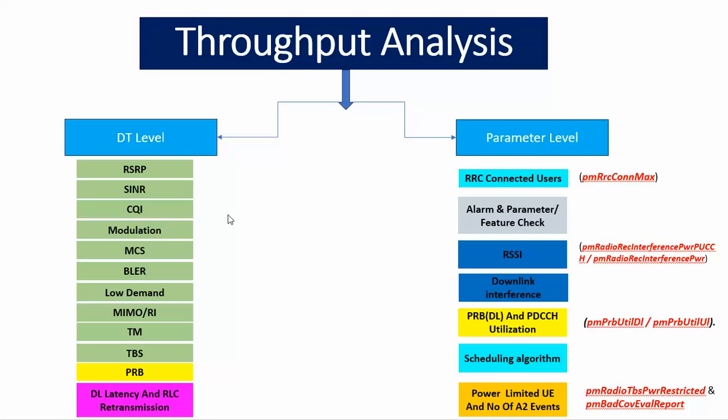And one thing I missed: if you have CA, you need to check CA also on DT level, and also check whether CA is activated or not.